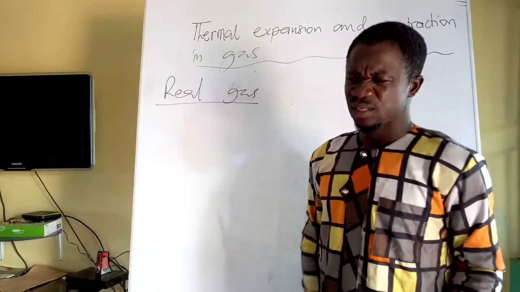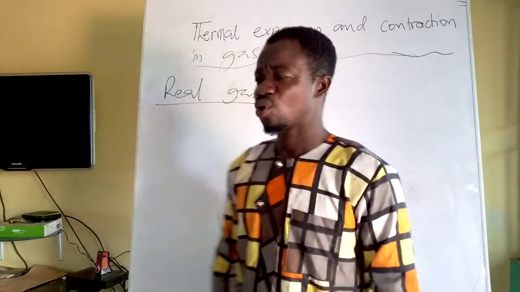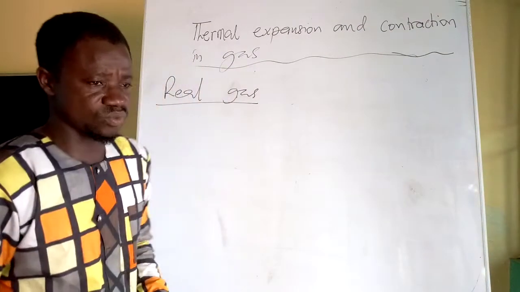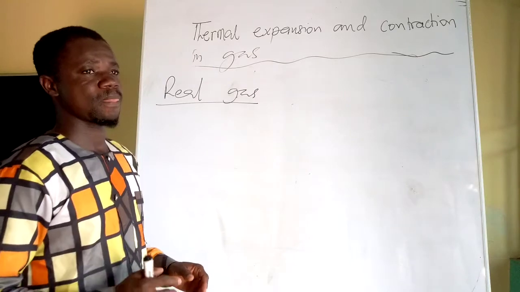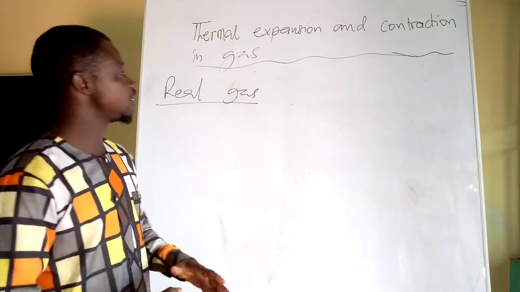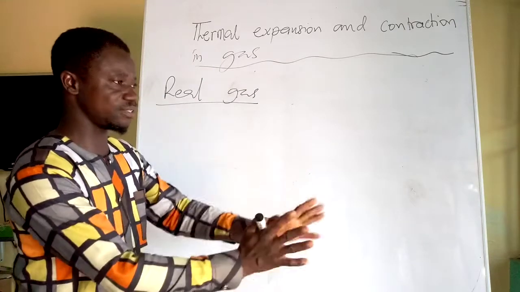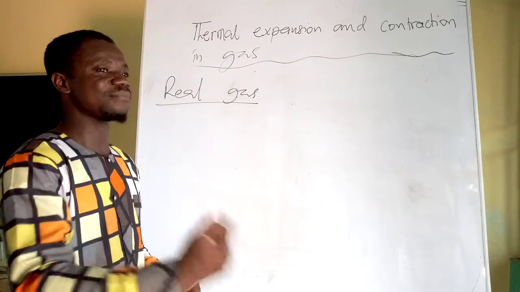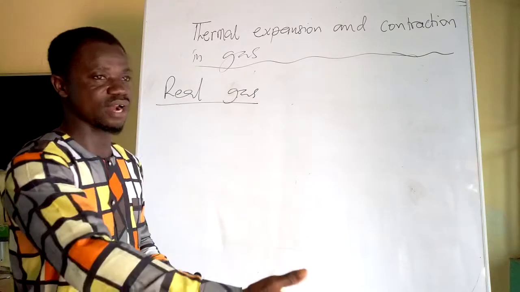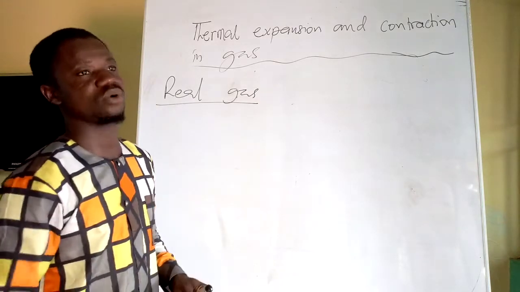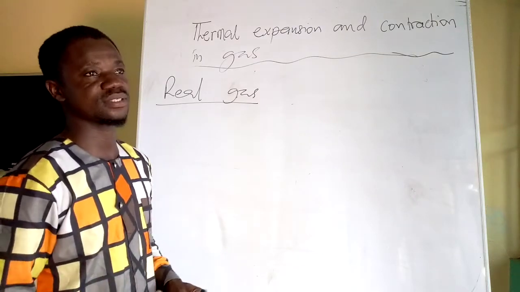Good. So, what the scientist did was that he modeled the ideal gas, then he made some corrections to the ideal gas in order to arrive at the real gas equation, or in order to arrive at the real gas.